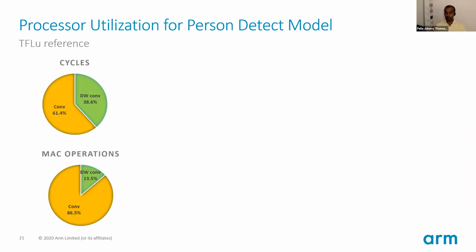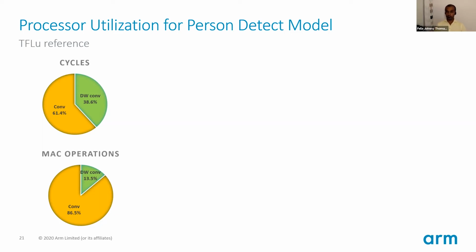This gives us an indication that the processor utilization for depthwise convolution isn't as good as the processor utilization for convolution. So that is the first takeaway that we have here.